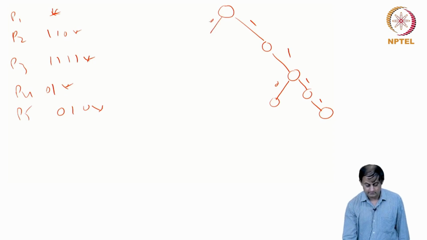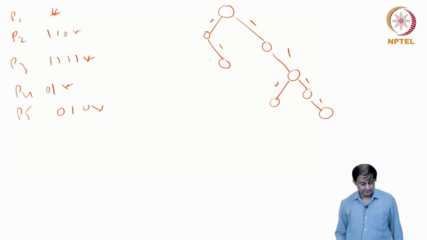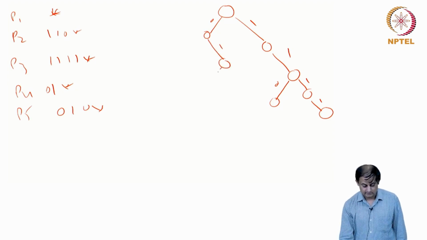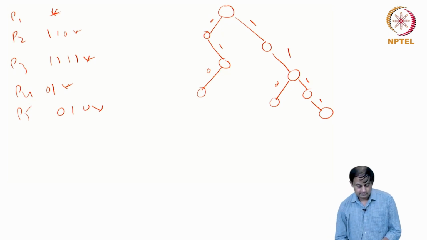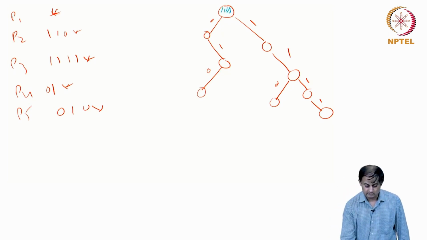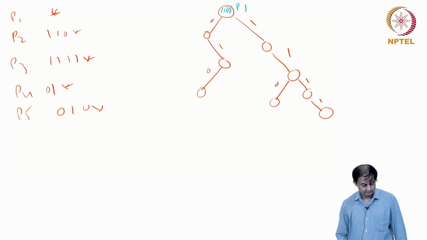So we haven't read the 0 so far, read that, and then followed by a 1, come to the right. And P5 is saying 0 1 followed by a 0. So you go to this left, 0 followed by 1 followed by a 0, and the labeling would be something like this. So this is your default route P1, and P2 is 110.